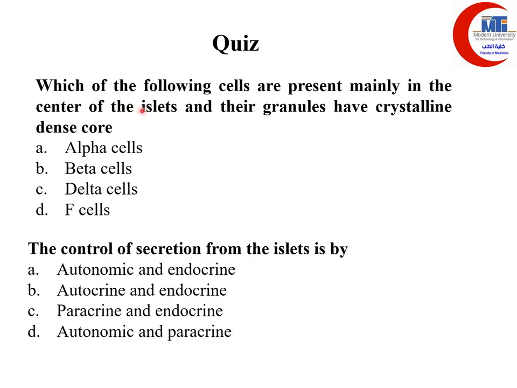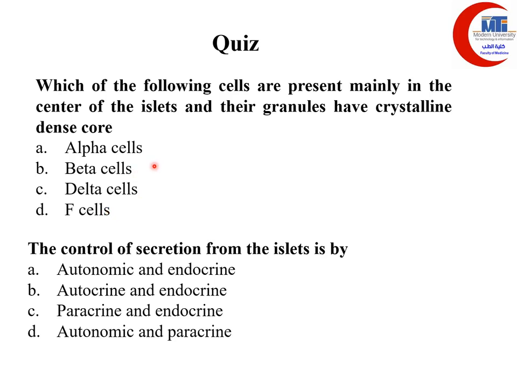Which of the following cells are present mainly in the center of the islets and their granules have a crystalline dense core? Alpha cells are present in the periphery of islets. Delta cells are also present in the periphery. F cells have few granules.